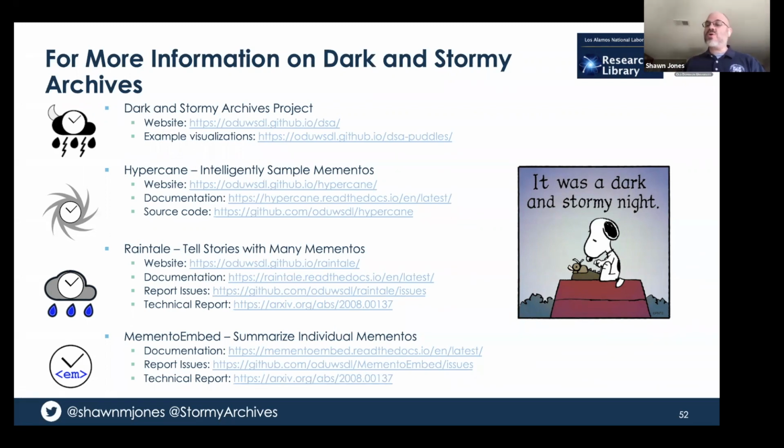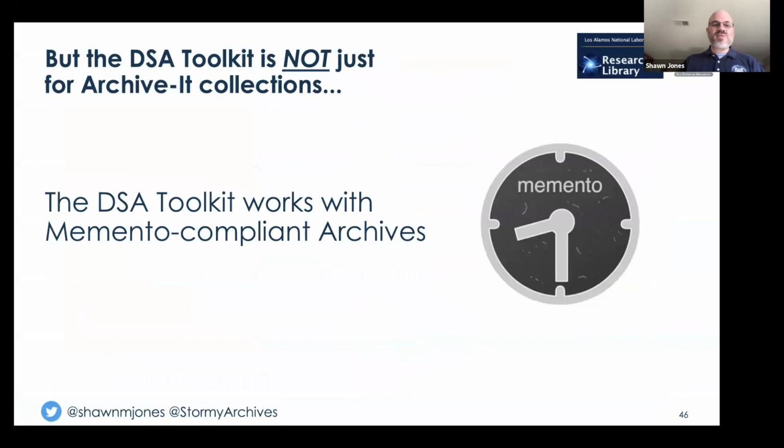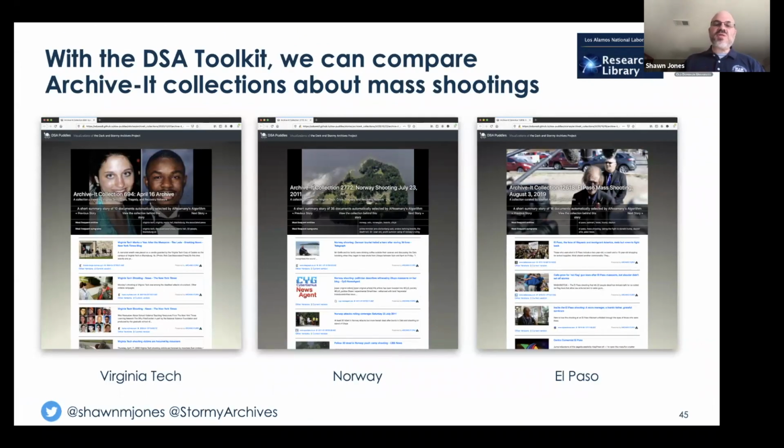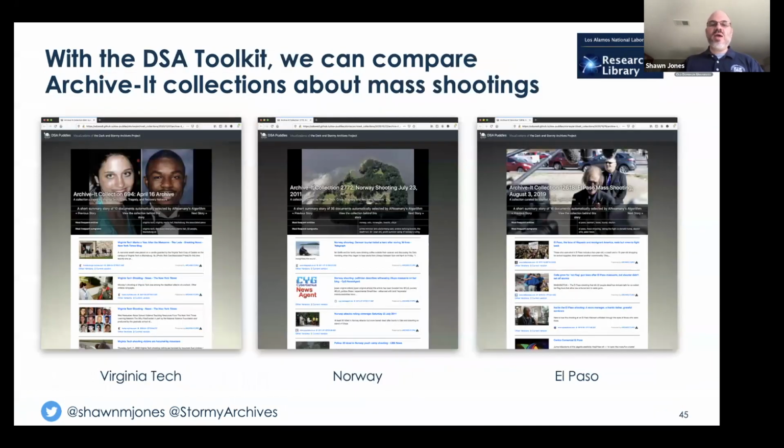We also want to know what works best. We've been summarizing collections like these Archive-It collections with, let's see here, an algorithm developed by a former ODU student, Yasmin AlNoamany, and she created this algorithm, and we implemented it in Hypercane, and you can easily execute it from the command line on an Archive-It collection.